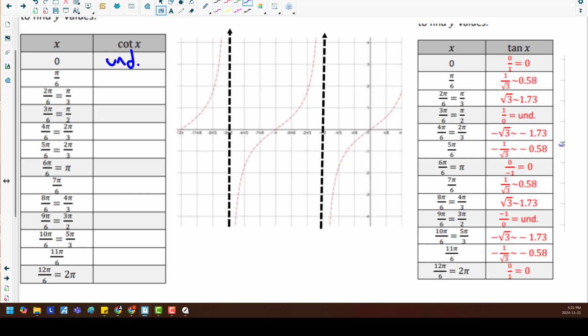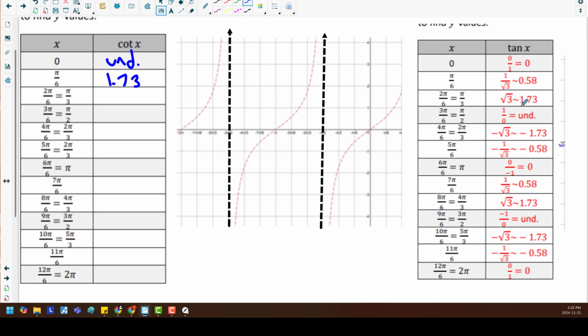So what do we do? Well, what is 1 divided by 0.58? Now, it says root 3 because you can do exact values for these. So if you want to do that, you can just write root 3. But we're more interested in the actual point, so I'm going to write 1.73, which is root 3 approximated.